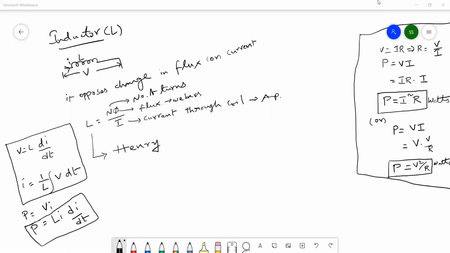Having any doubt, shall I revise or shall I move on to the next, that is series and parallel combinations? I need a response. This is a very important inductor parameter, that's why I'm repeating.